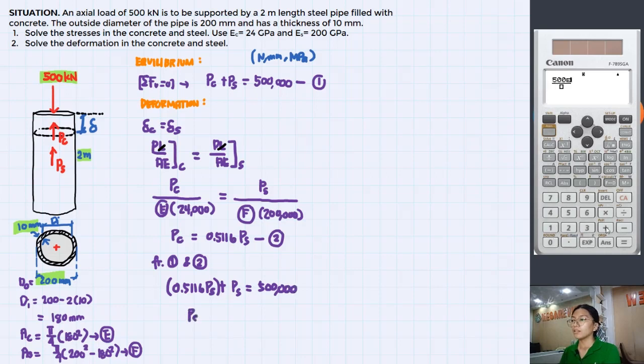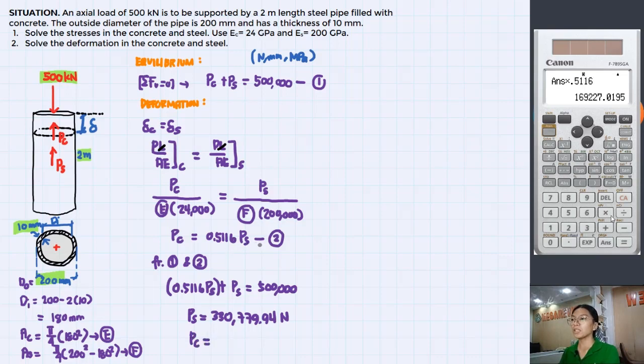So you can get here the value of the resistance ng steel pipe natin, which is 330,779.94 Newton.